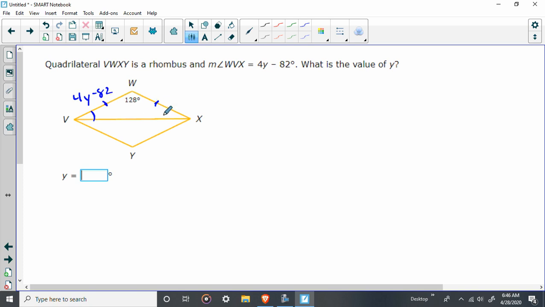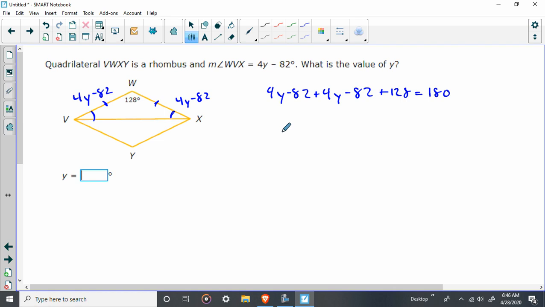So if we think about it, that angle, which is also over here, if I add up this angle and this angle and the other, I should get 180 degrees. So we're going to say 4y minus 82 plus another 4y minus 82 plus 128 is going to equal 180.